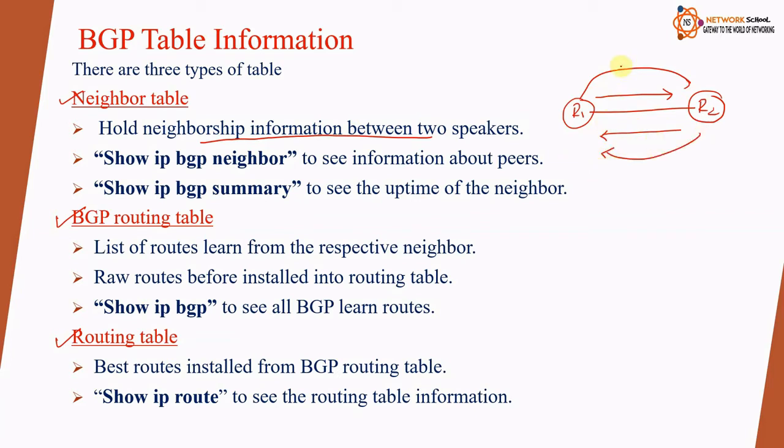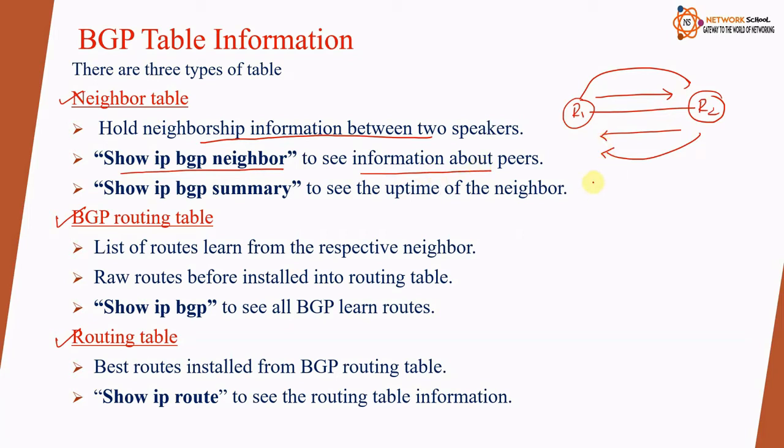In terms of BGP, when we form a neighborship between R1 and R2, each peer will have its own neighbor table, and in it they will hold their neighbor information. We use the command show IP BGP neighbor to see the information about the peers.